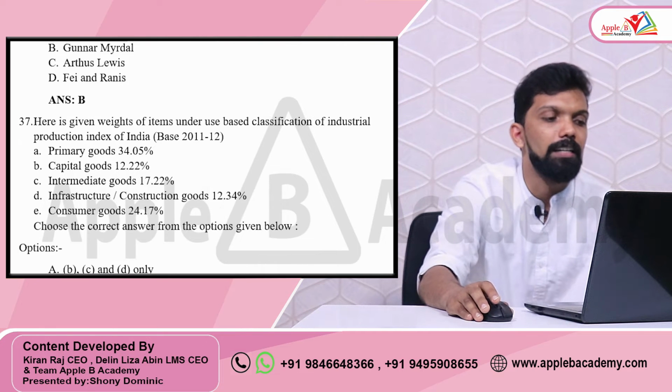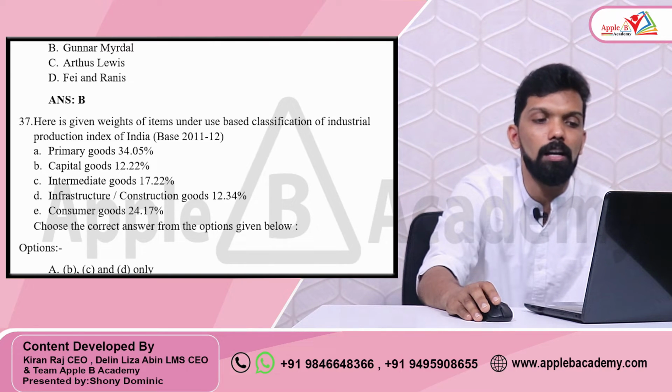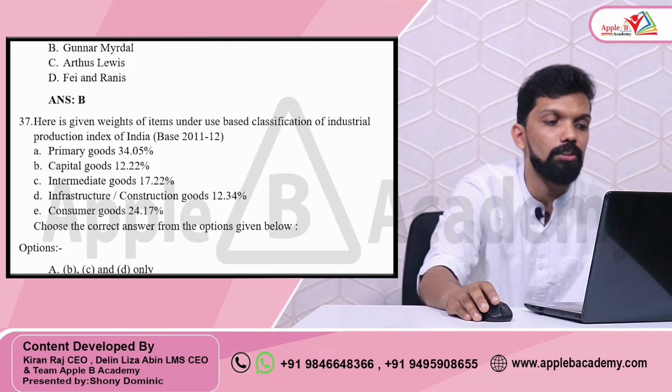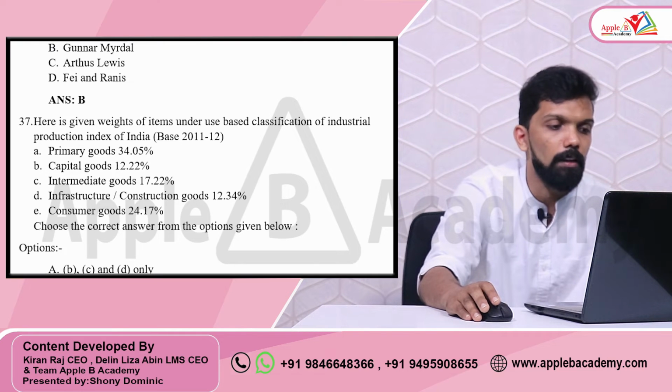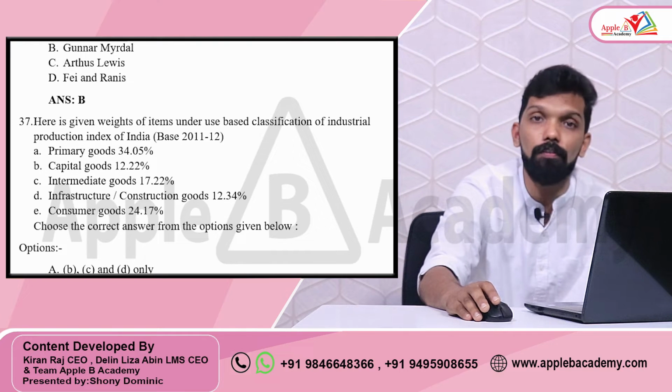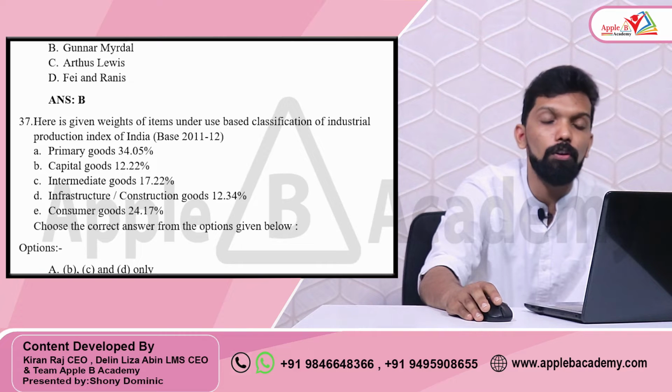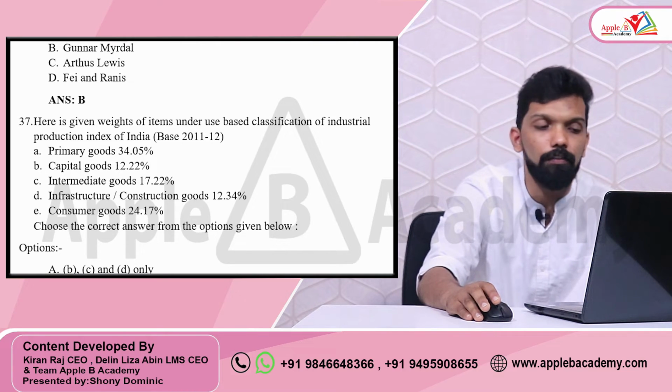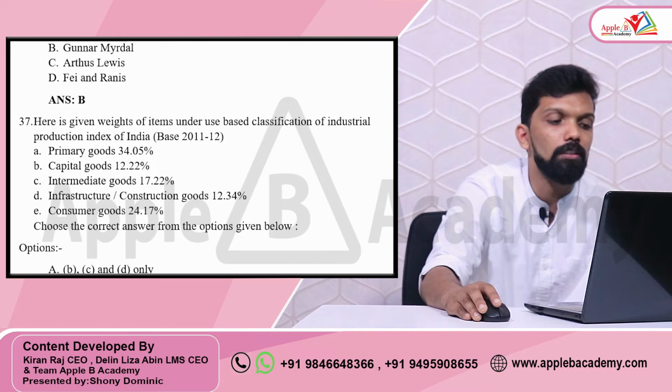So the next one, here is given the weight of items under use-based classification of the industrial production index of India, base year 2011-12. Primary goods 34.05%, capital goods 12.22%, intermediate goods 17.22%, infrastructure and construction goods 12.34%, consumer goods 24.17%.